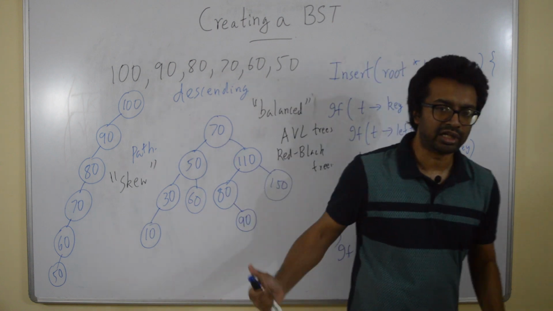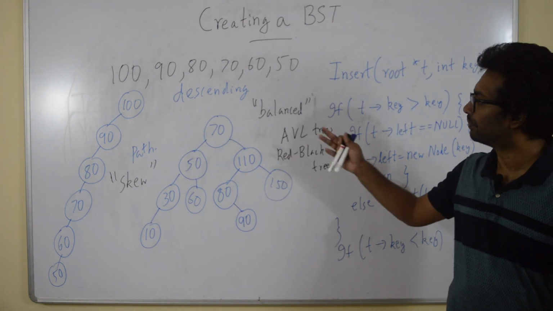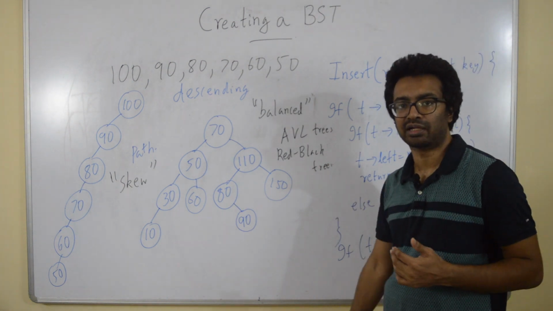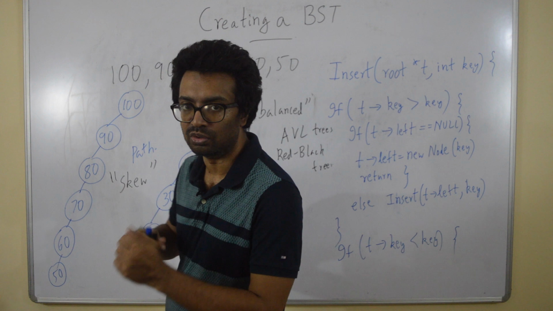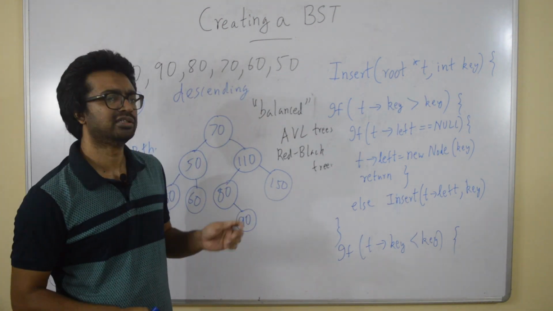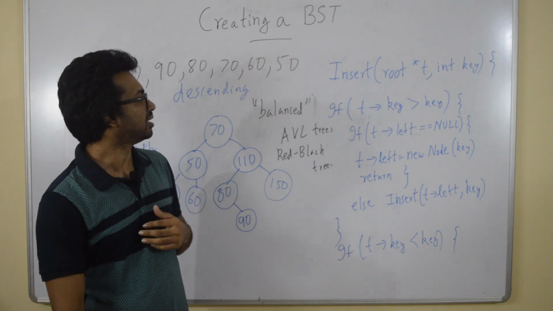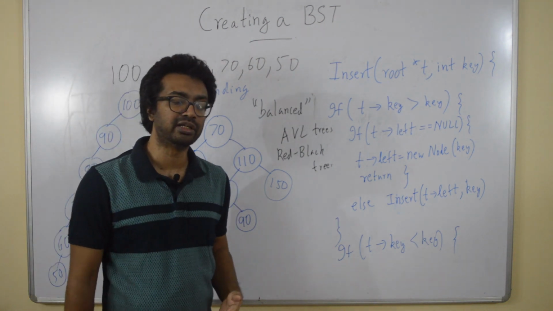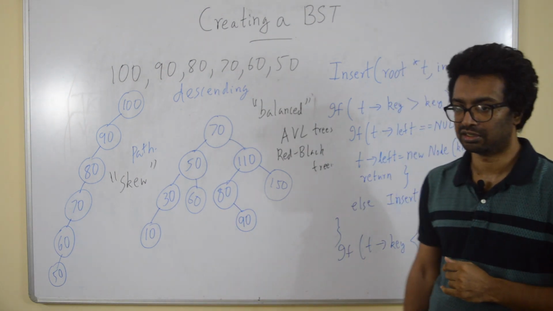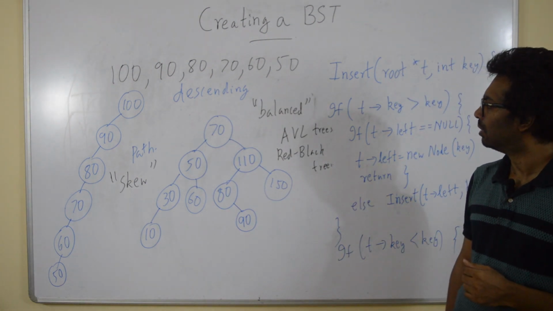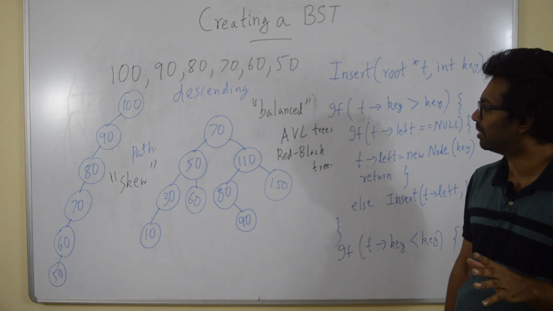For that, a red black tree colors the vertices of the tree using red and black colors. AVL trees maintain a number to create this balance. So it's a little more advanced data structure. Those are also binary search trees, but advanced binary search trees. Okay, and we will skip AVL trees and red black trees.